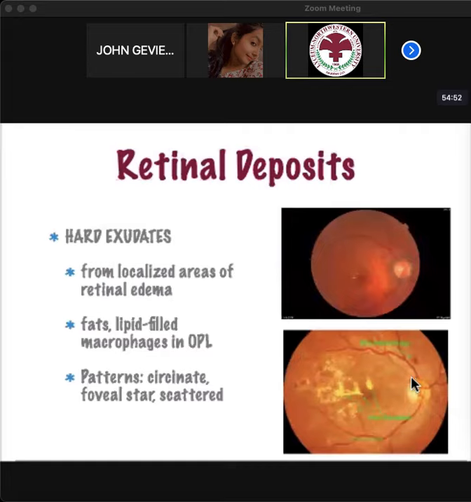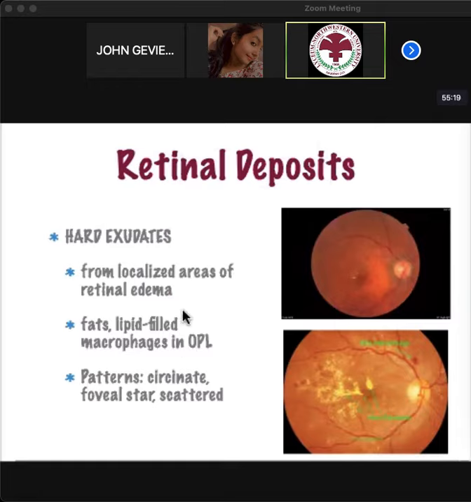Retinal deposits, we call them exudates. We have hard exudates and soft exudates. Soft exudates would be your cotton wool spots. These are white lesions on the retina with irregular borders. Hard exudates are more solid, they are regular, more solid looking.